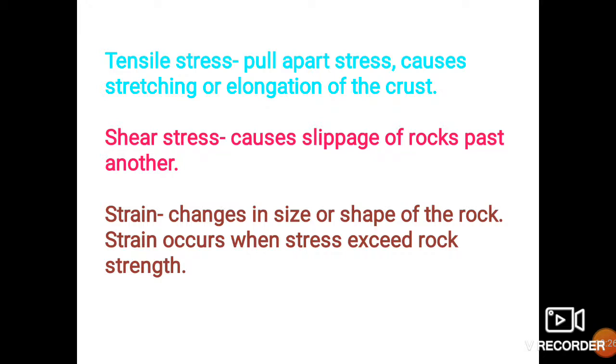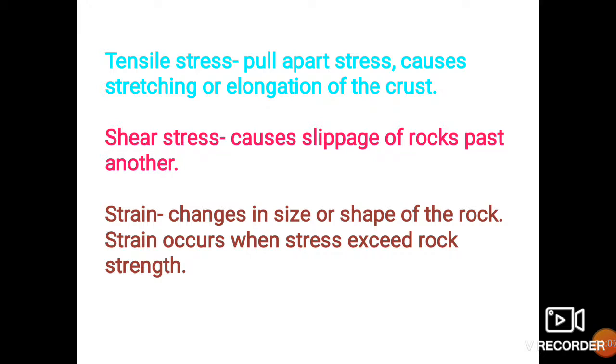The second type of differential stress is tensile stress. Tensile means it tries to pull apart the rock from each other, and hence it causes stretching or elongation of the crust. Instead of trying to compress, they act in exactly the opposite direction, that is, they try to pull apart the different types of rocks present on the earth's crust, and hence the rocks get stretched, causing elongation of the crust.